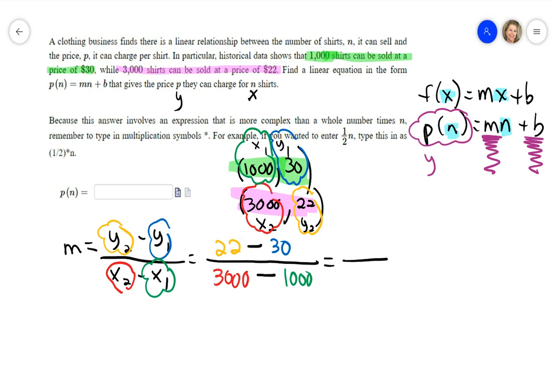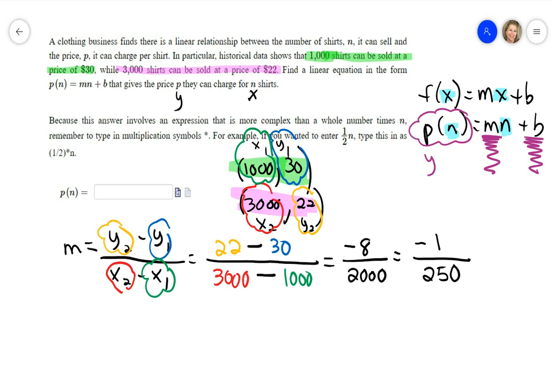So 22 minus 30 is a negative 8. 3,000 minus 1,000 is 2,000, and I wonder if I can reduce that. Can you divide 8 into 2 grand? 2,000 divided by 8? Yes, it does. So 8 goes into 8 once, and 8 goes into 2,000 250 times. That's my slope.